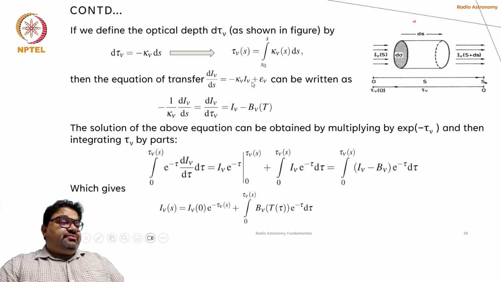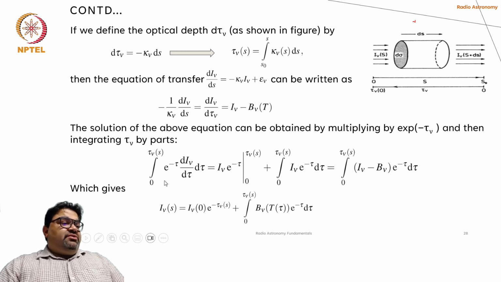So you can just divide both sides by minus kappa nu, and you get on the left hand side minus 1 over kappa nu dI ds, which is nothing but dI d tau nu. You get on the right hand side I nu from the first term, and the second term is actually the spectral radiance, or B nu.